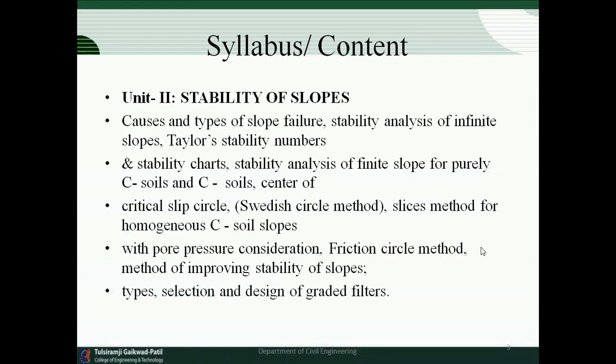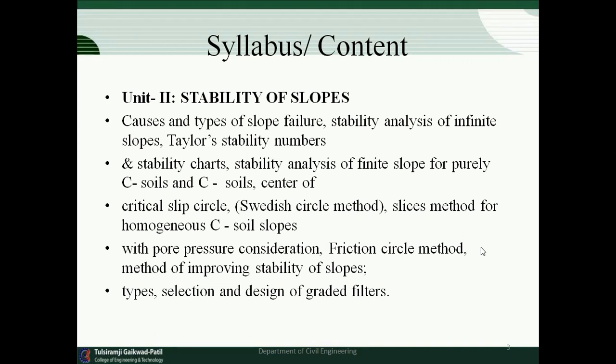Unit number 2 is related to the stability of slope, which includes causes and types of slope failure, stability analysis of infinite slope, Taylor stability numbers and numericals related to this formula. What do you mean by stability chart? Stability analysis of finite slope for purely cohesive soils and c-phi soils.